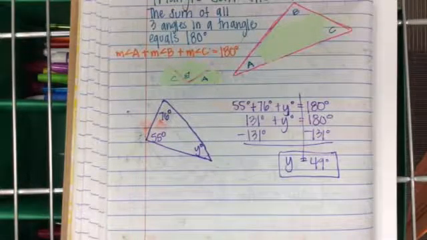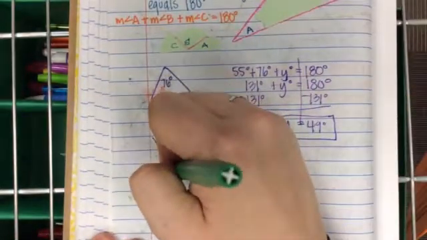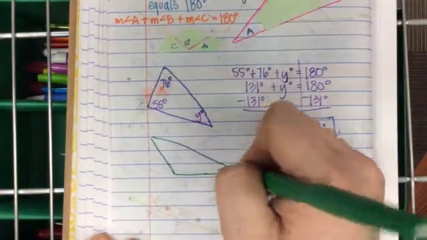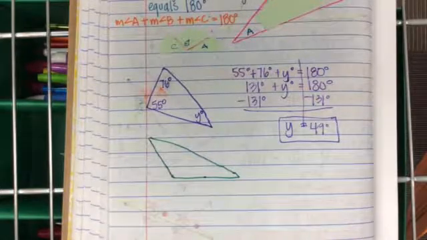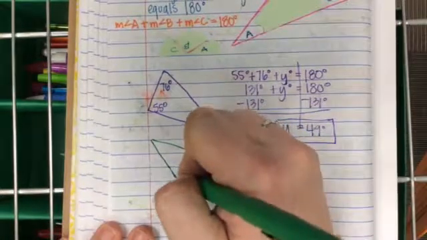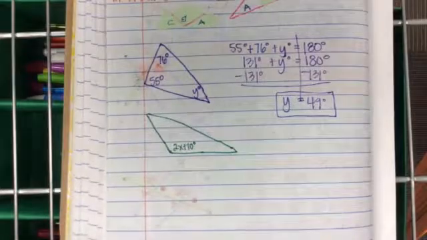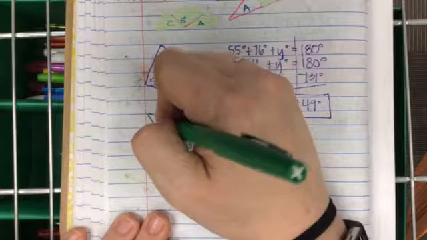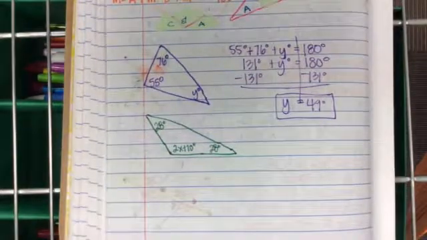All right, so let's do a medium style problem. So the angles are 2x plus 10 degrees, 28 degrees, and 28 degrees.